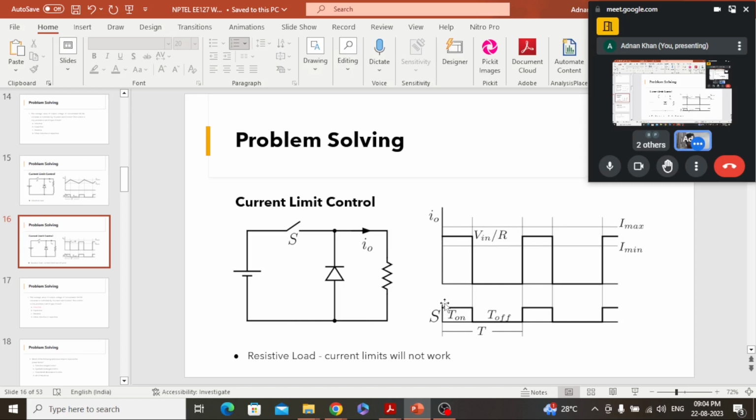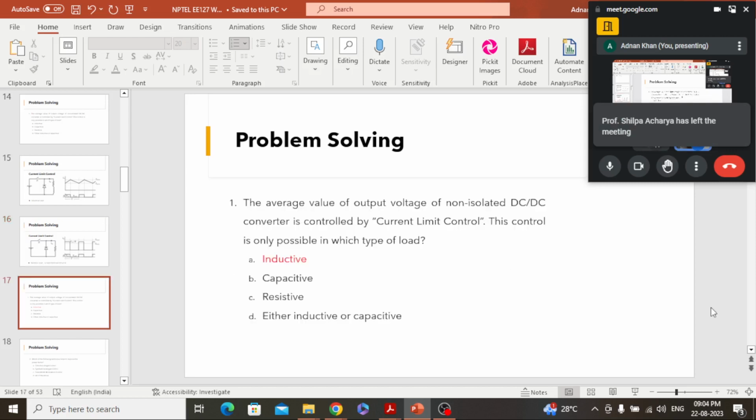That will be a false trigger. This means in case of a capacitor load, we cannot implement this current limit control effectively. The only case we can implement it effectively is the inductive load, because the current gradually rises to some point, and if you turn off the device, it will gradually decrease. I hope you have understood this.